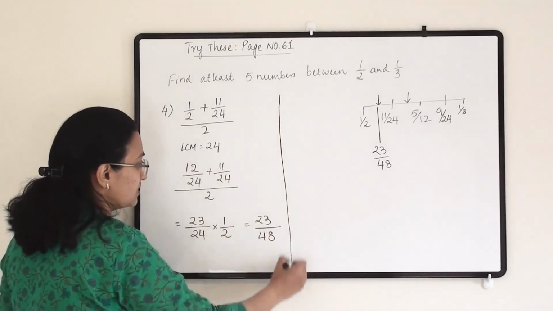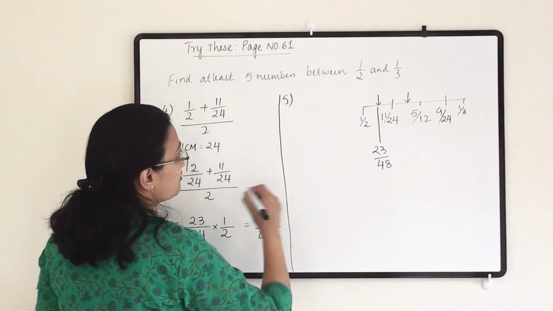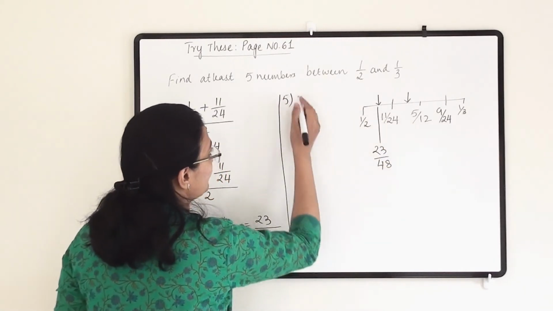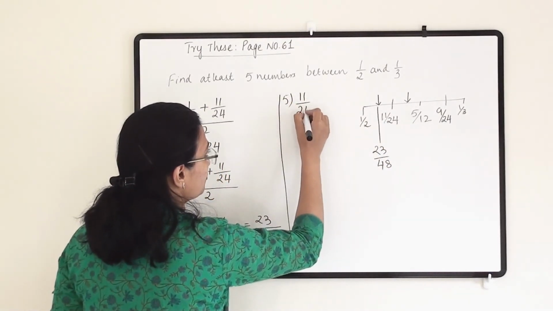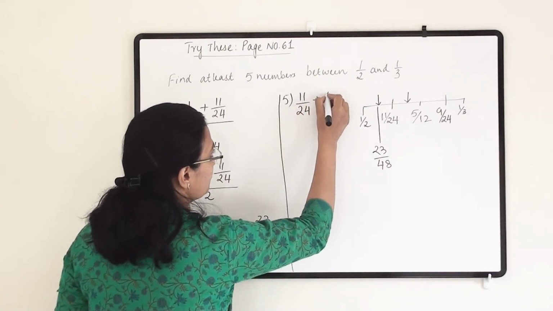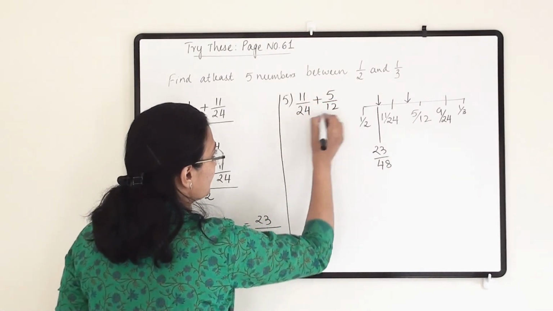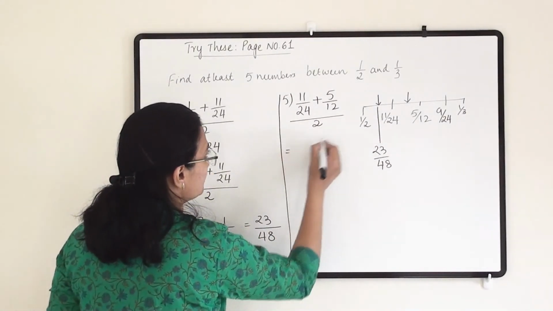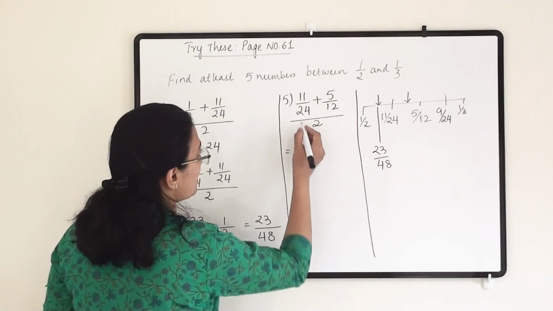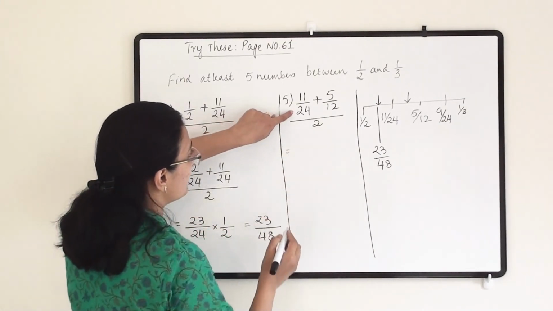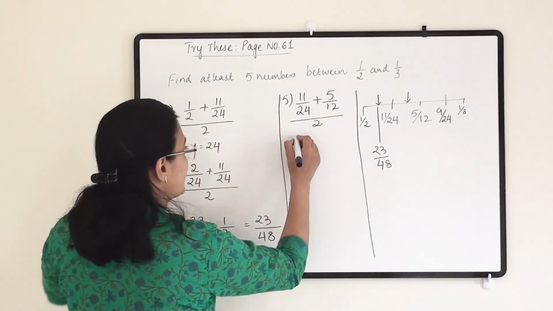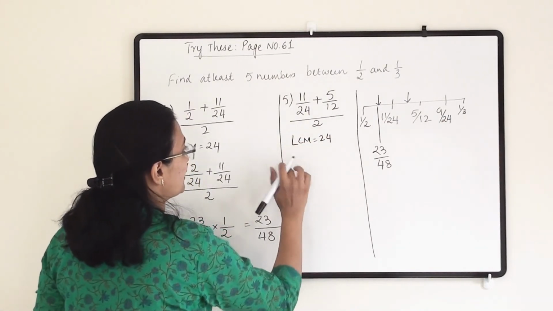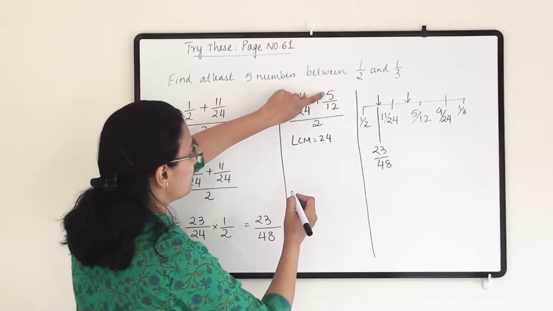Let us find the fifth number. I am finding the fifth number in between these two: 11 divided by 24 plus 5 divided by 12, and in the denominator 2 will be there. Let us solve this. Here I want to make this denominator 24 because the LCM will be 24, so I have to multiply by 2.